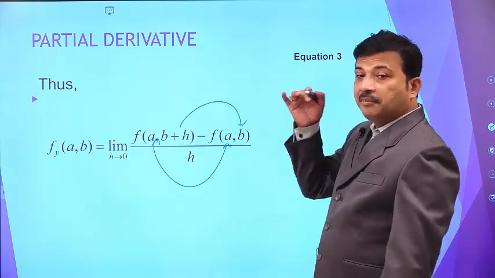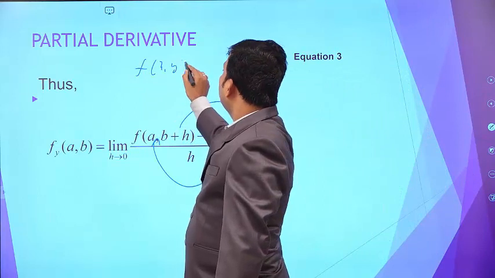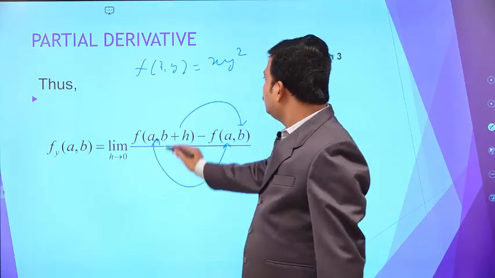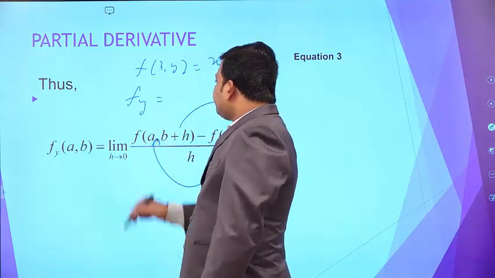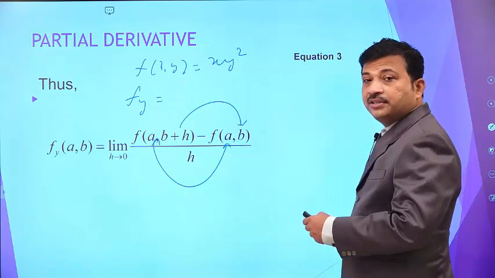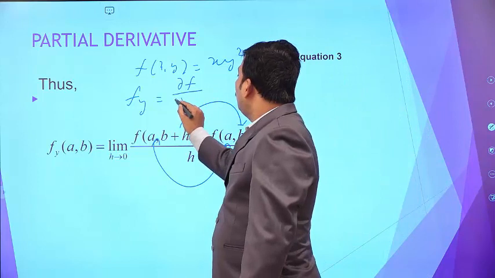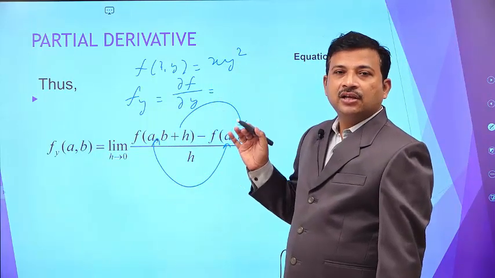Let us take the same example I did before: f of xy equals x y square. What do you find out? fy. fy means dou f by dou y, treating x as a constant.